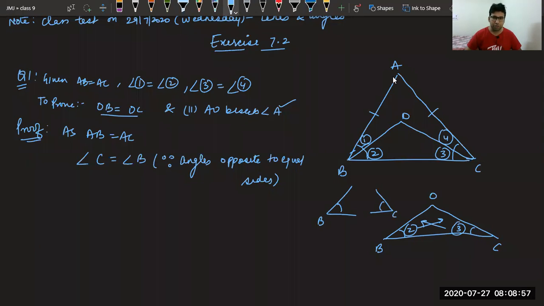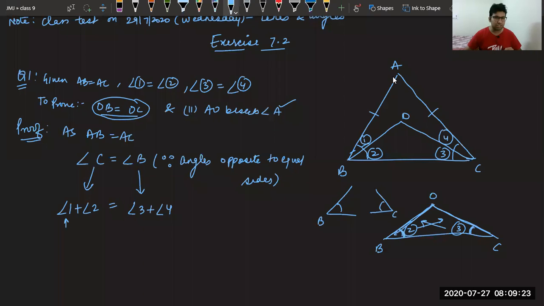This we know. To prove OB equal to OC, that is this line OB equal to this line OC, we have to show that this small angle 2 and small angle 3 are also equal. For that, we can say this C is made up of two parts, angle 1 plus angle 2. This B is made up of two parts, angle 3 plus angle 4. Now we want to prove 2 equal to 3.